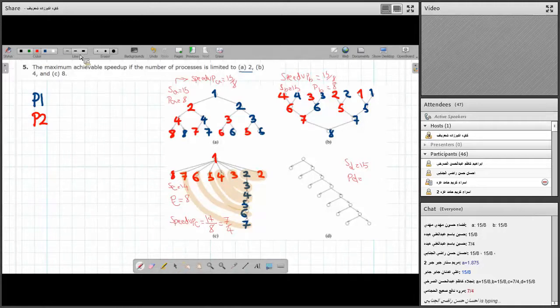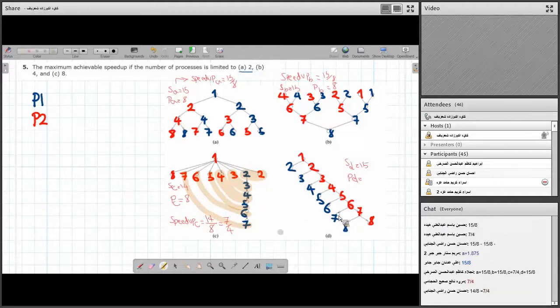Okay. And for this figure, 1 2 3 4 5 6 7 8.